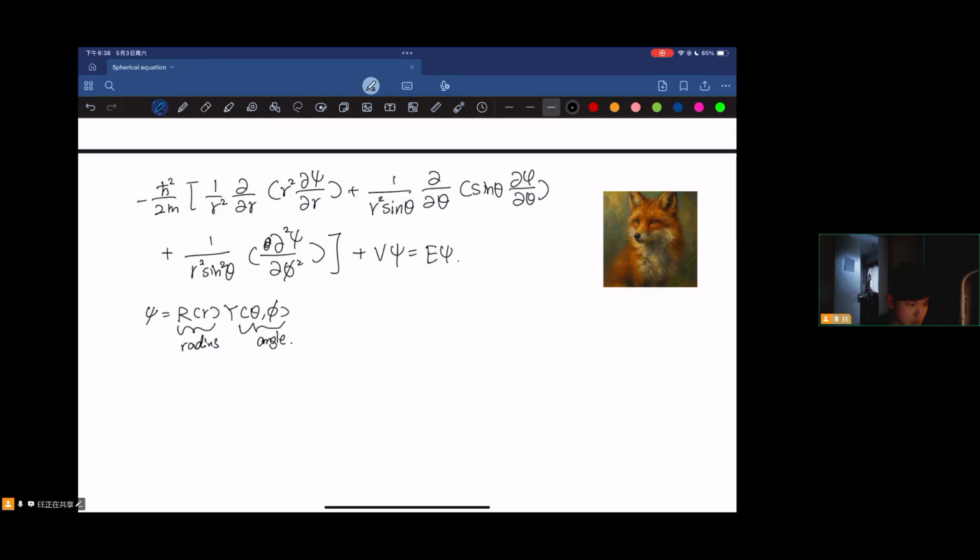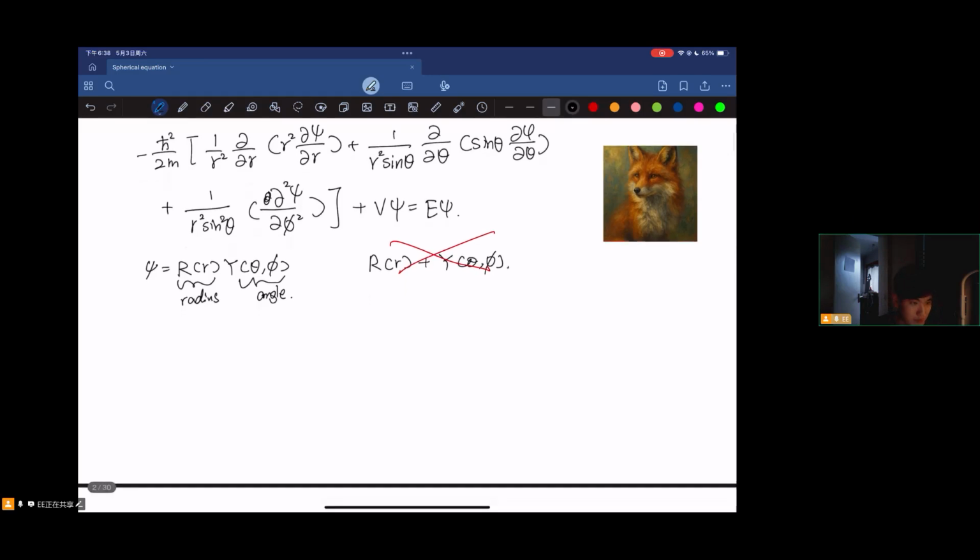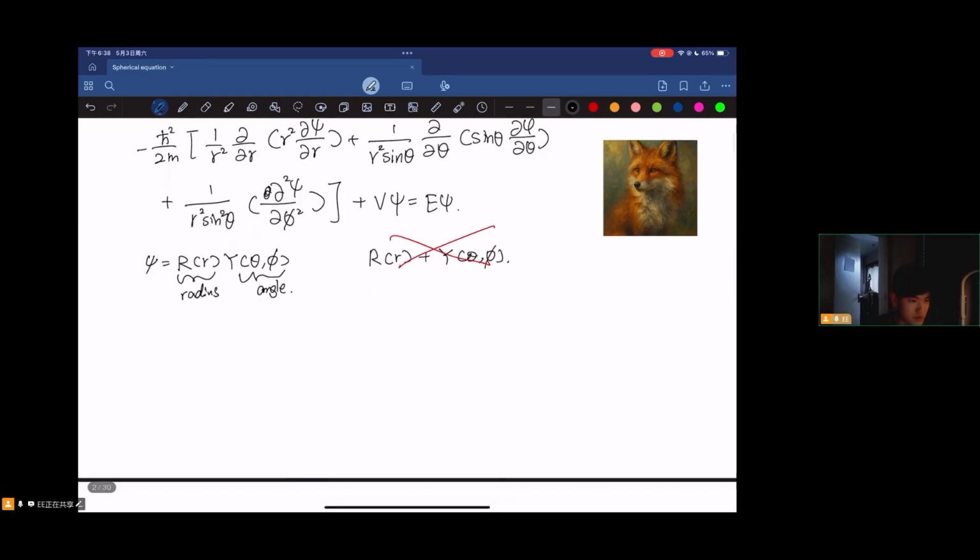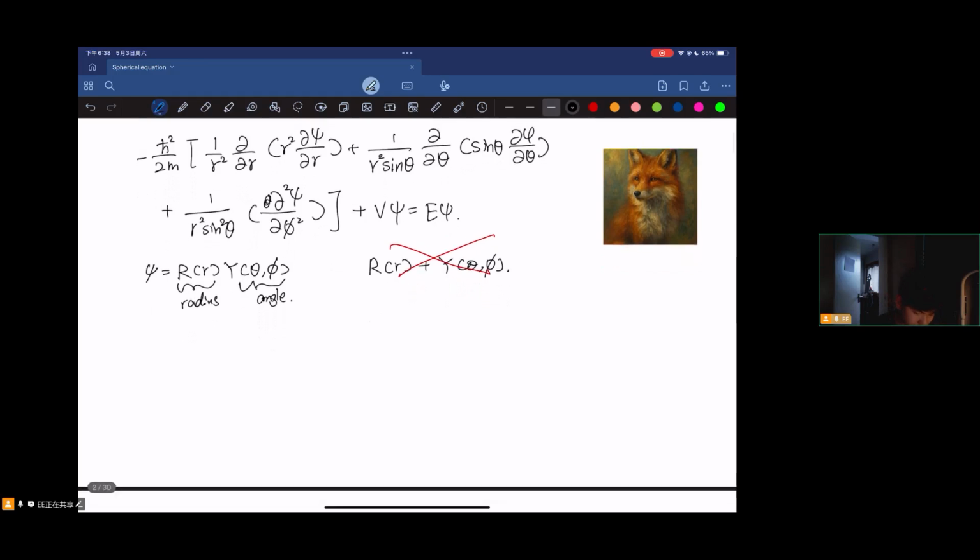If I had some other kind of wave function that isn't of this form, then we couldn't do the separation of variables, because that breaks our assumption. Okay, and then let's plug in the wave function equal to R times Y into this equation. What do we have? Okay, let's see.